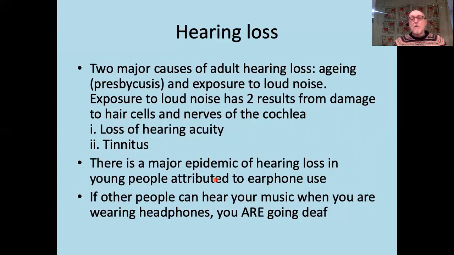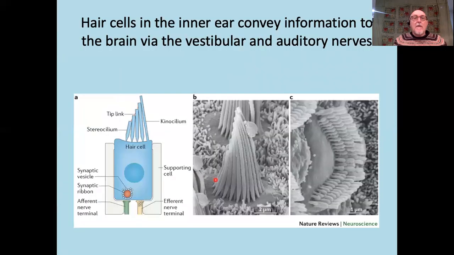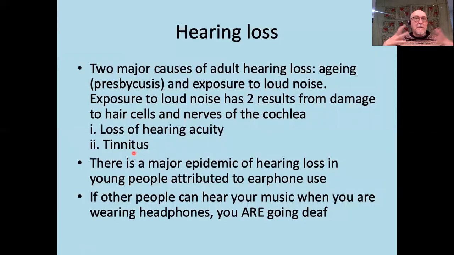They lose those cilia. These can actually break off, and the hair cell loses its sensitivity. And as a result, we have a loss of hearing acuity in aging called presbycusis.